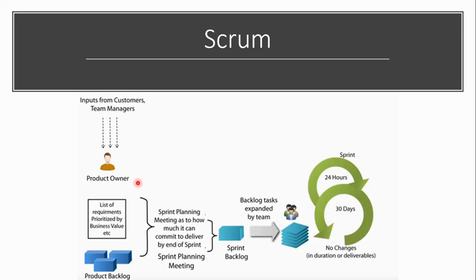These requirements are basically a catalog, which is called the product backlog. If you remember the envisioning stage and the speculate stage, the planning stage, in detail the product requirements are laid down.